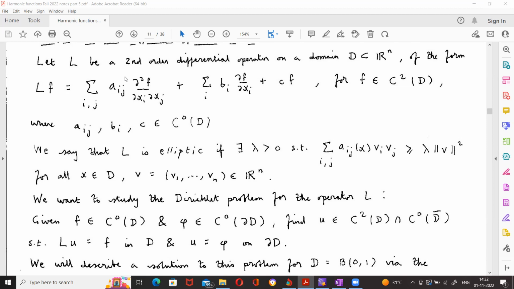So on a compact domain, the lowest eigenvalue of g upper ij, by compactness, will be bounded below. So the Laplacian will be elliptic on compact domains in a Riemannian manifold.